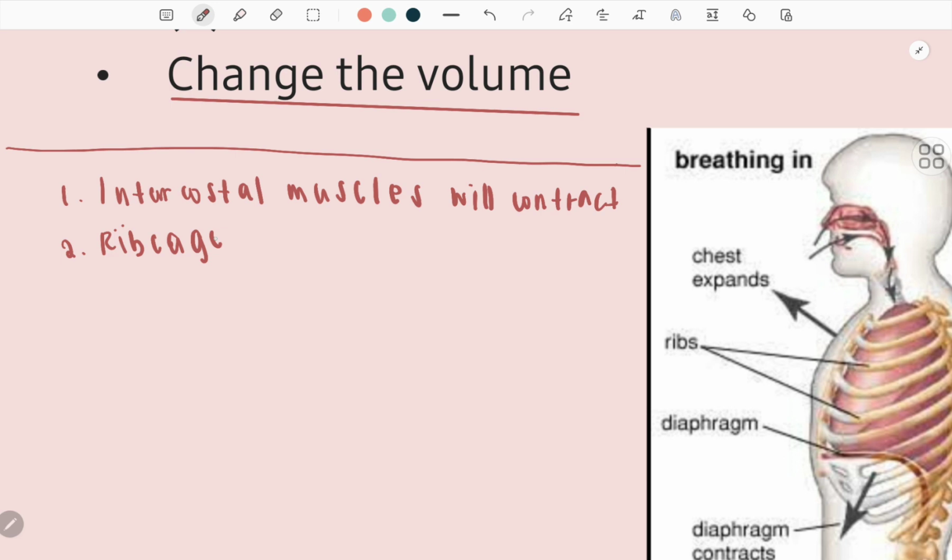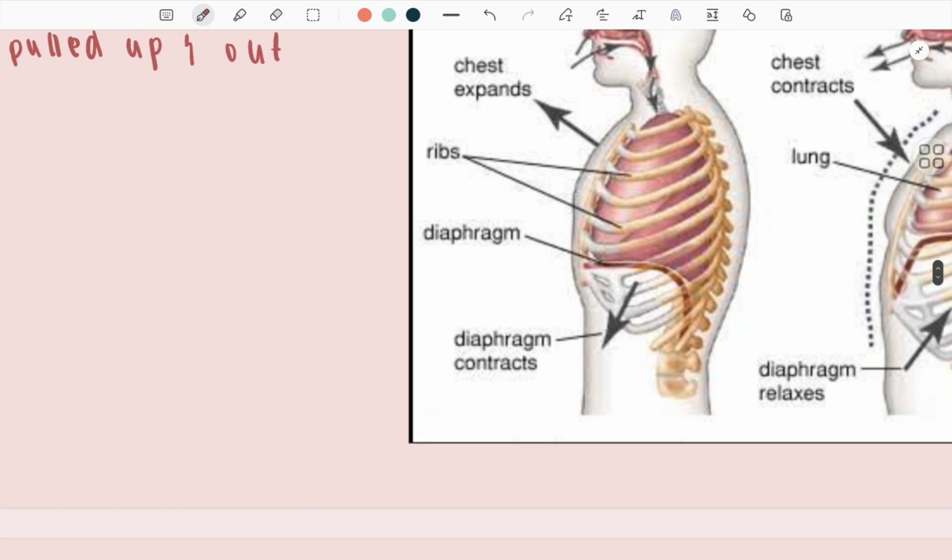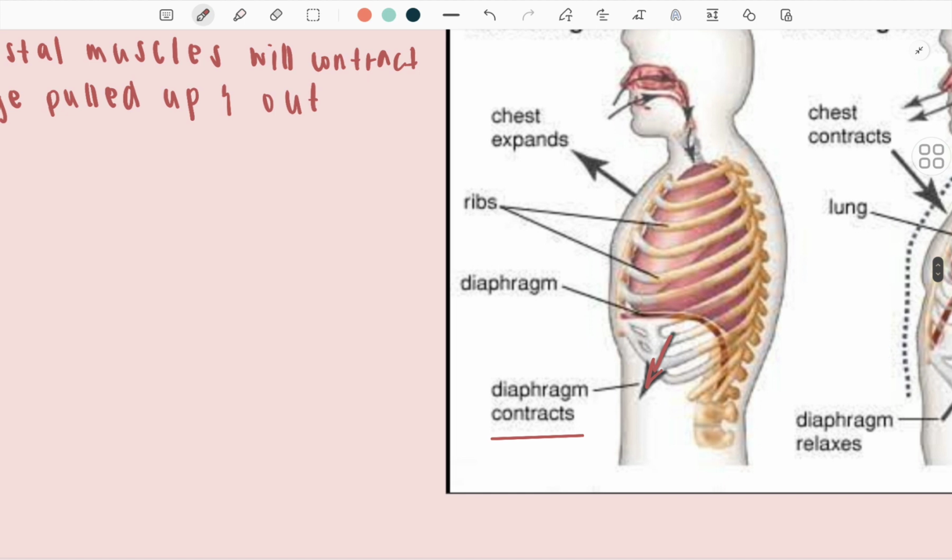So the rib cage gets pulled up and out. Now we can see that the diaphragm that was once domed, flattened and contracted. After that, we can see that the chest volume has gotten bigger.